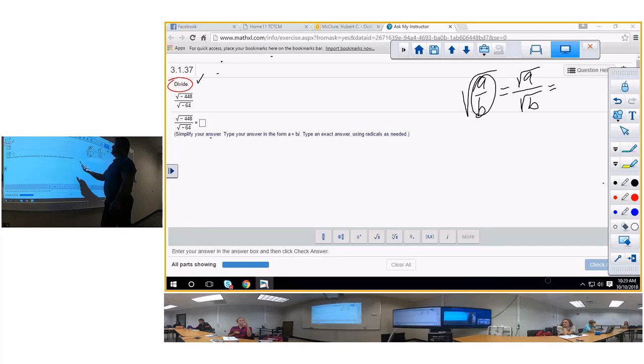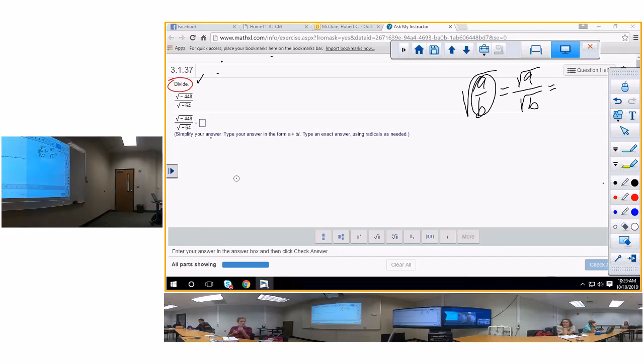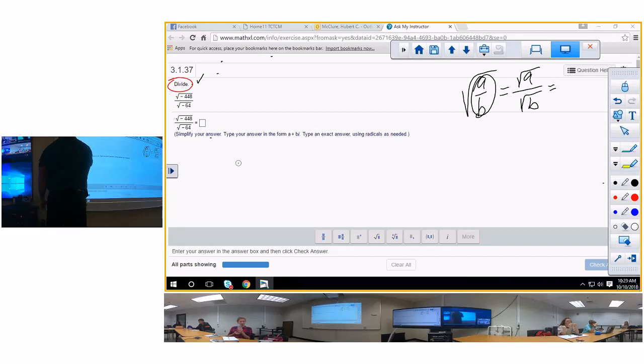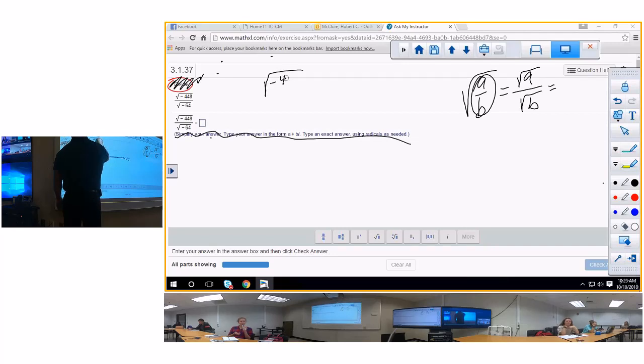So in this case, since now that we've decided that this does not mean this, just erase this and just divide the square root of negative 448 over negative 64. And what is negative 448 over negative 64? 7.